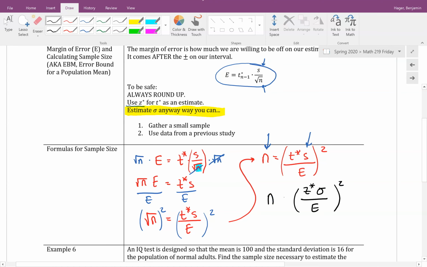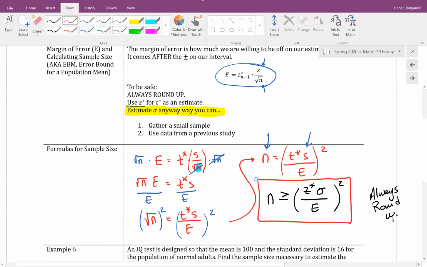Now n should either be equal to this number or bigger. You always round up, let's just say that. Always round up, because taking a larger sample size is going to make a smaller window, which is going to be even less error.